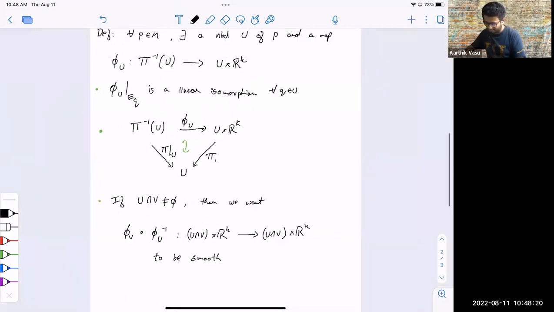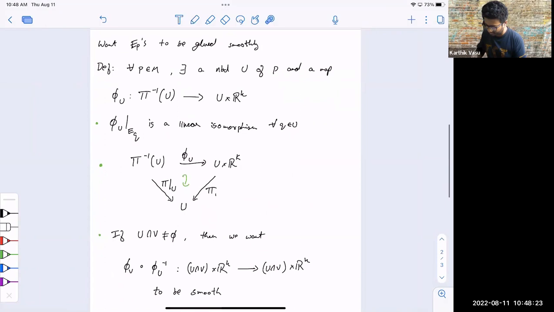Okay, so these are the things I need to have a smooth vector bundle.